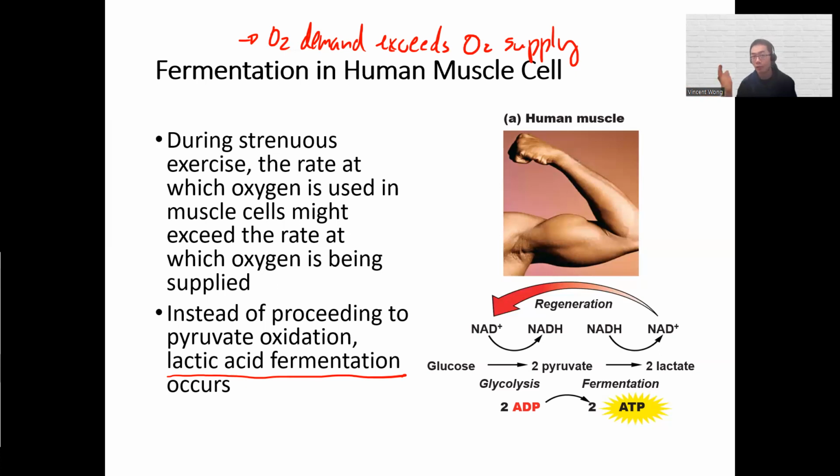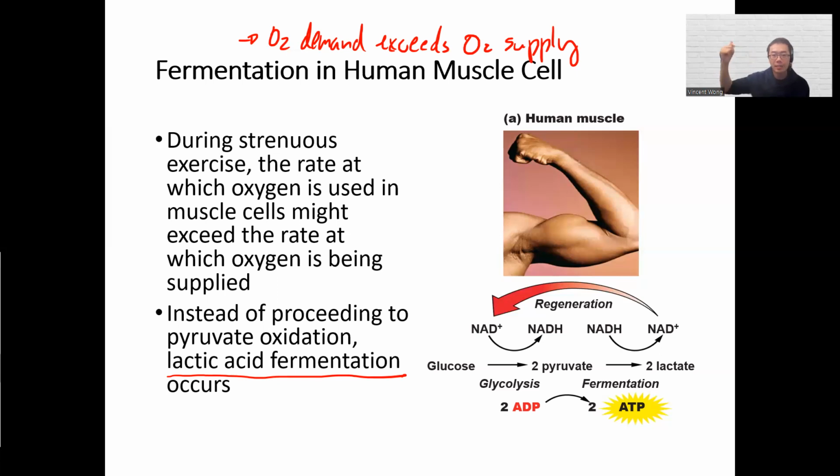After a minute or two, if you're running at full speed, you will start to feel tired, right? You won't be able to run at full speed indefinitely. So after maybe a minute or 2 minutes, the cells in your muscle are not getting enough oxygen. When it's not getting enough oxygen, it's not going to be able to produce enough ATP, right? Because not having enough oxygen clogs up your ETC, right?